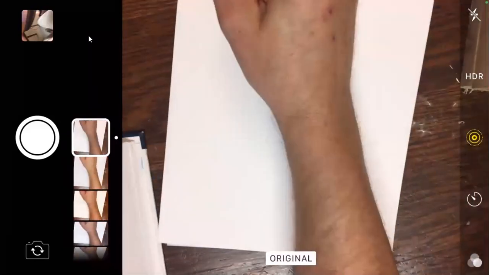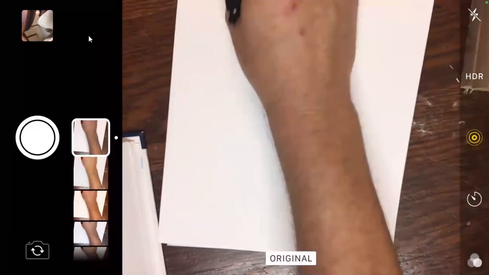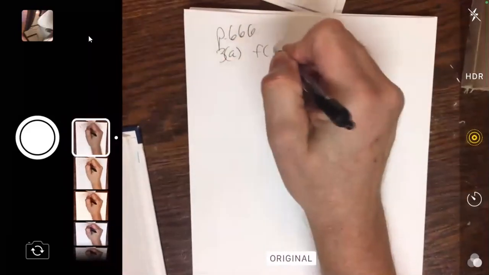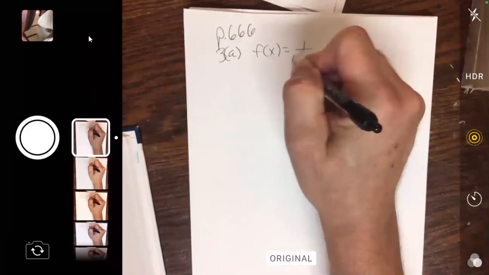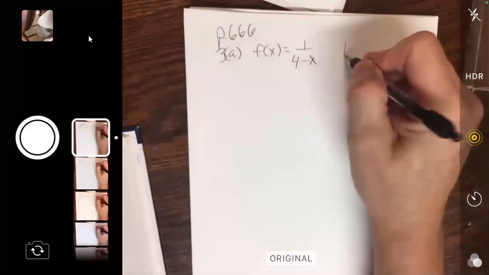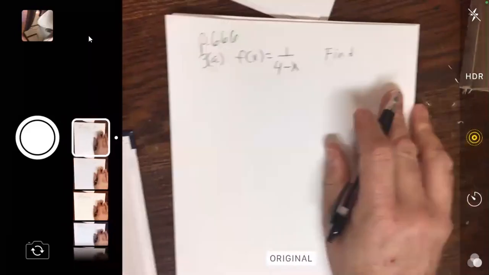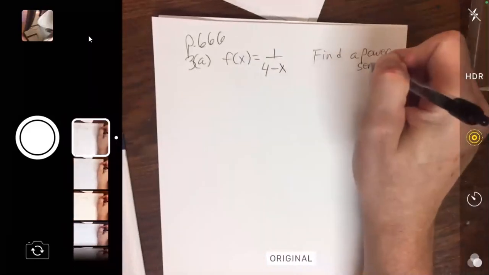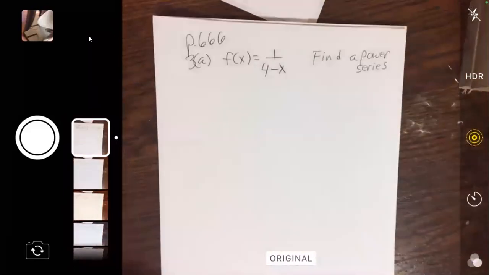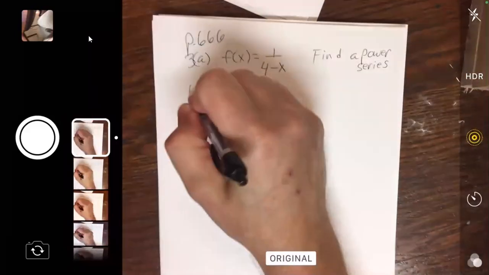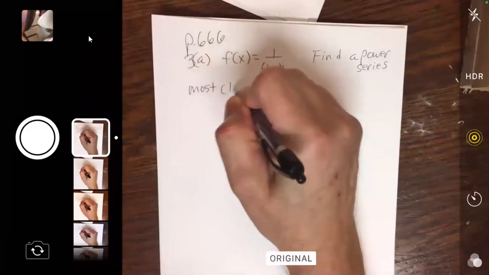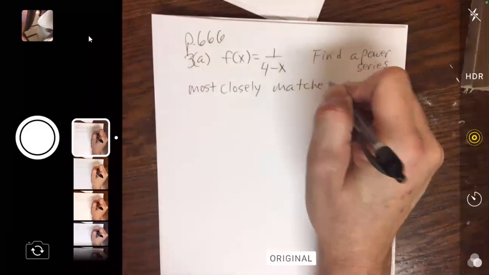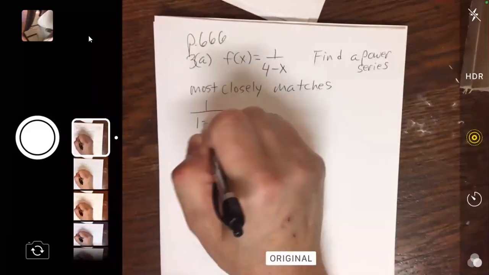So very first homework, 666. 3 part A, f of x, 1 over 4 minus x. Find a power series. Well, this most closely matches one over 1 minus x.